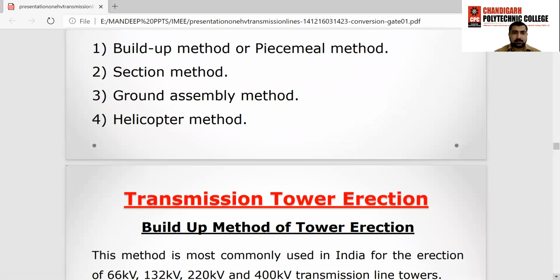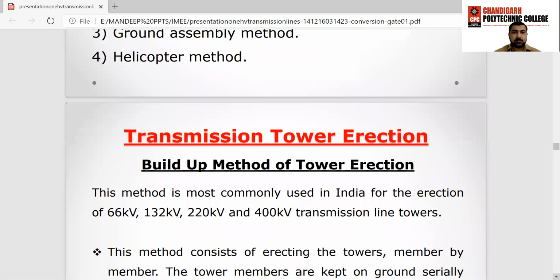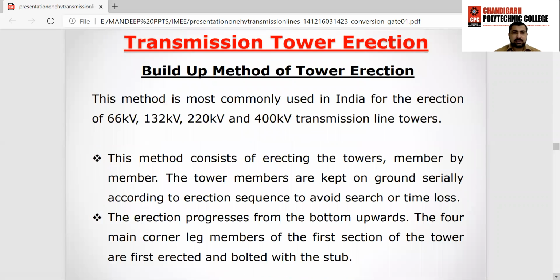Let us start with the build-up method. Build-up method of tower erection. This method is most commonly used in India for the erection of 66 kV, 132 kV, 220 kV and 400 kV transmission line towers. This method consists of erecting the towers member by member.